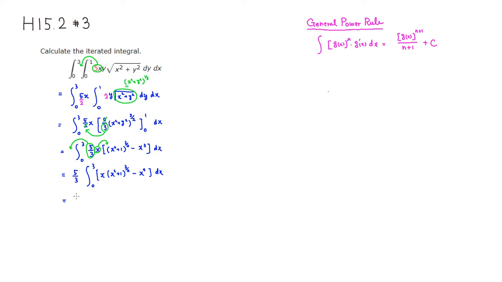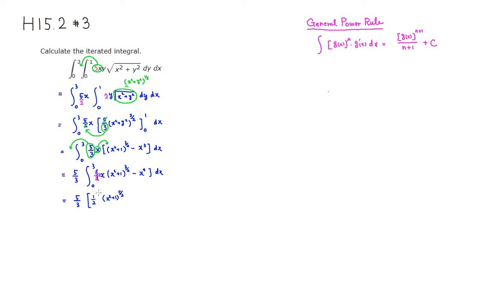Then we want to find the antiderivative. Here you have 5/3. Leave this alone. Then here, the derivative of x squared plus 1 is 2x, so I would like to have a 2 here. Then I have to have a 1/2 in front. The antiderivative of this is going to be x squared plus 1; add 1 to the power, so it's going to be 5/2.